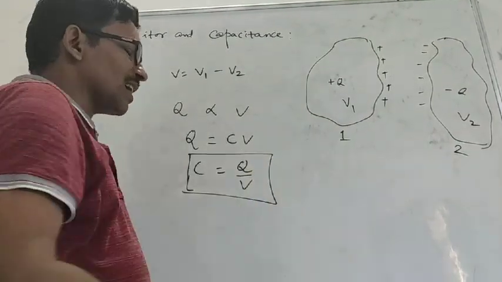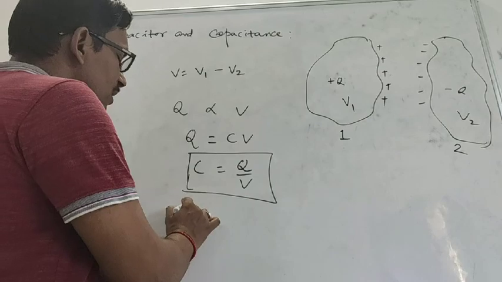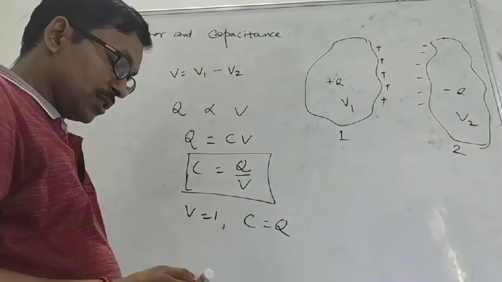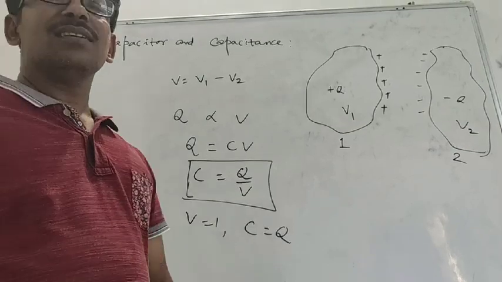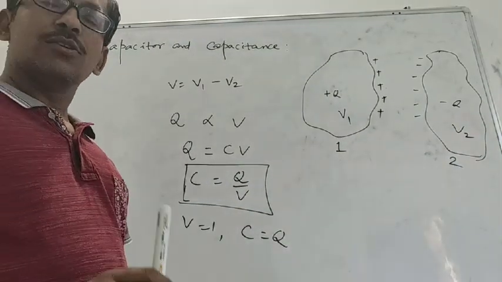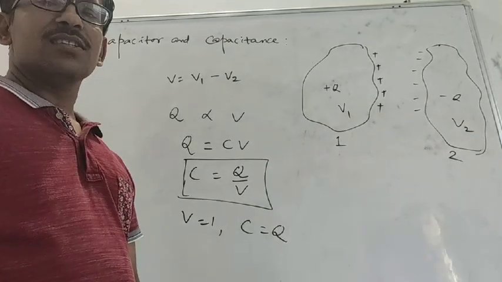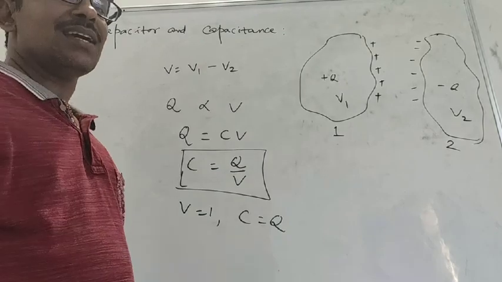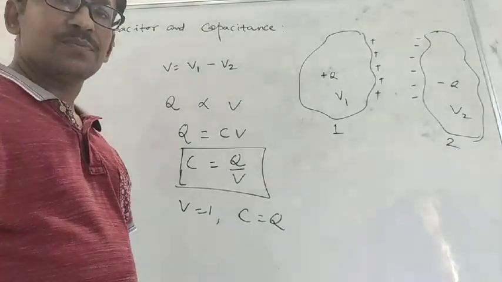And if V is equal to 1, then C is equal to Q. That means you may define the capacitance of a capacitor as the charge required to increase the potential difference between the two conductors by a unit amount.